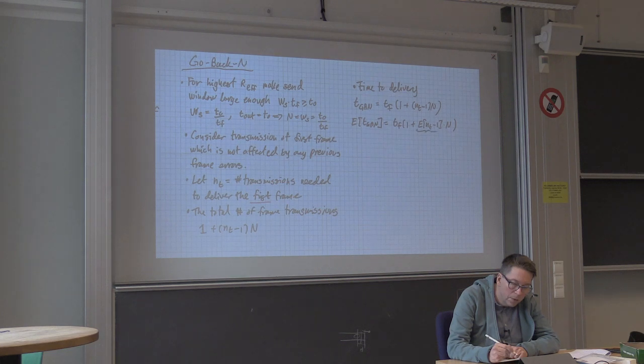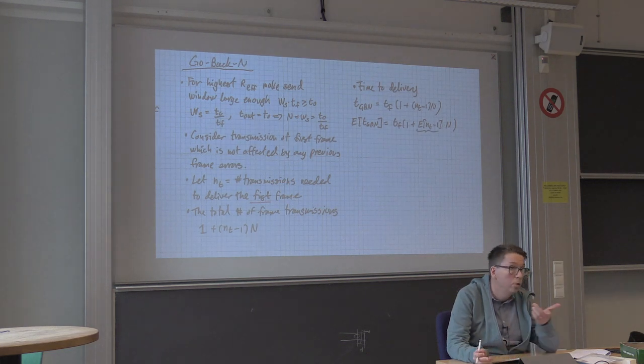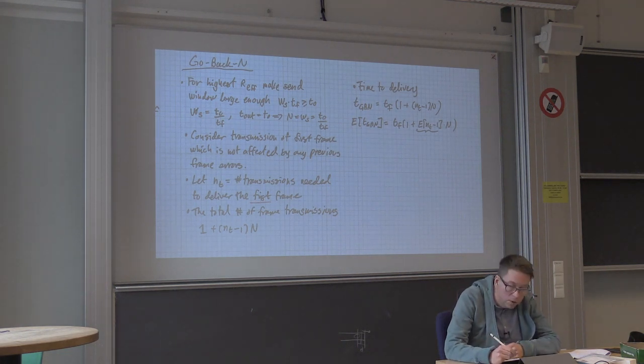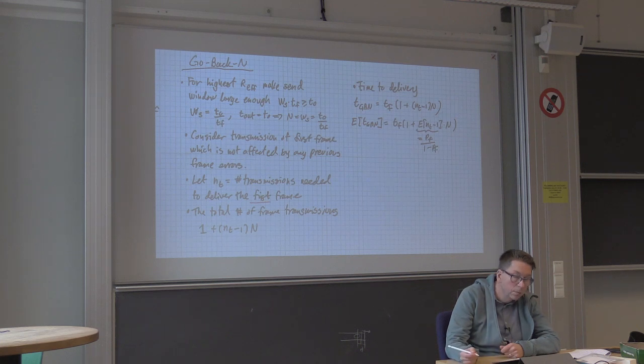We know that the expected value of NT minus 1, assuming independent frame errors with probability PF per frame, is simply equal to PF divided by 1 minus PF.